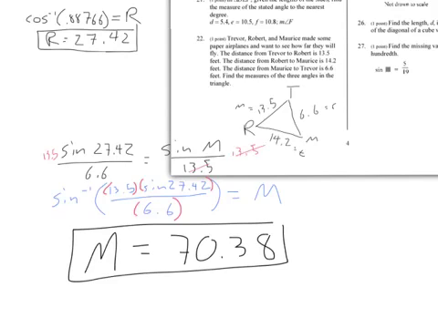Okay, now I have that r is 27.42 and m is 70.38, and I can add those together and subtract their sum from 180, and I get that angle T has to be 82.2. And there we go. There are all the angles of the triangle now.